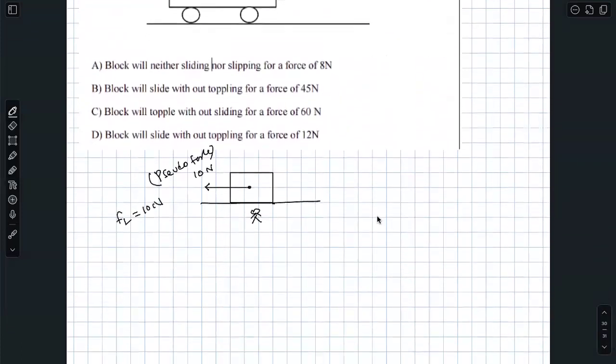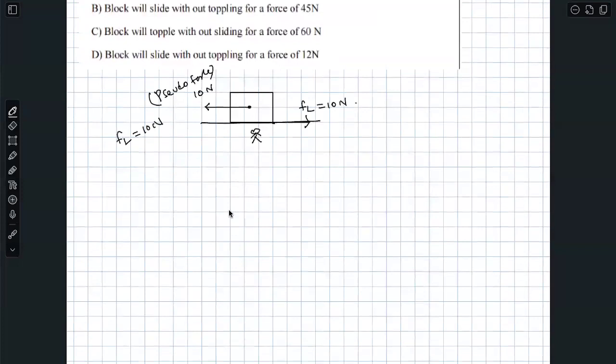Right. So obviously, this 10 newton is the limiting friction, and if there is no external force, F limiting is 10 newtons. So in this case, it is just exactly at the edge situation. But now you are applying another force on that.